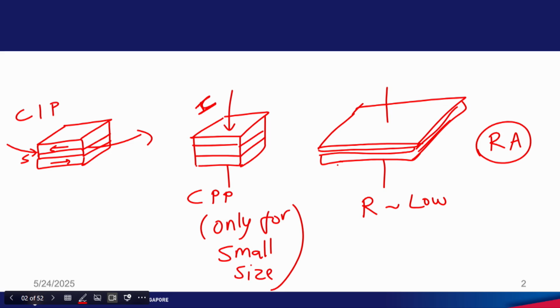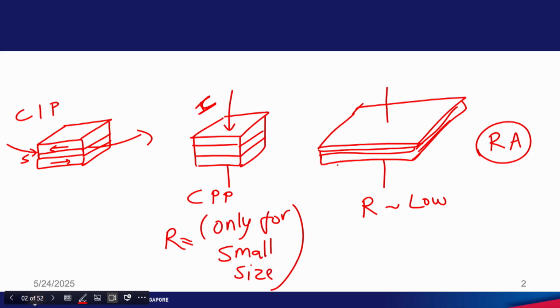We could not use the CPP at high density data storage where the sensors were bigger, but once you go to small size, you have a reasonably larger resistance. So, let us say this is 10 ohm.